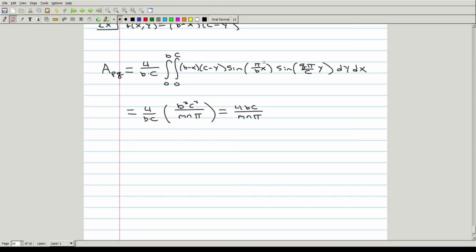And this should be m here, and this should be n here, if we're using m and n.